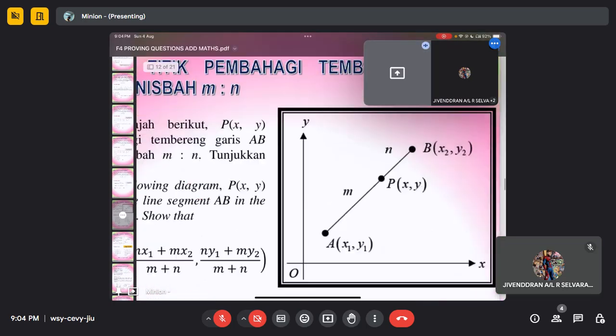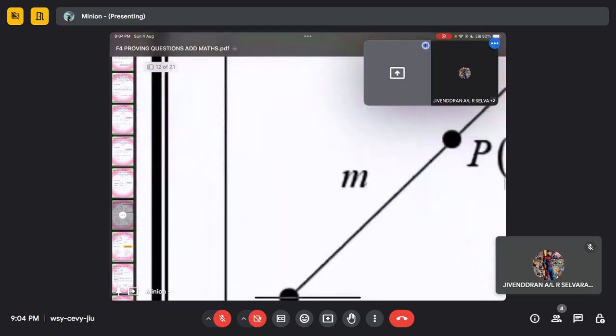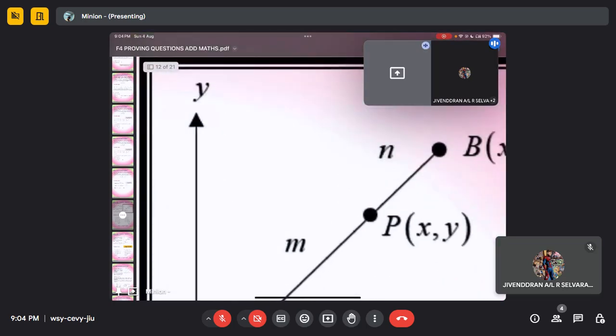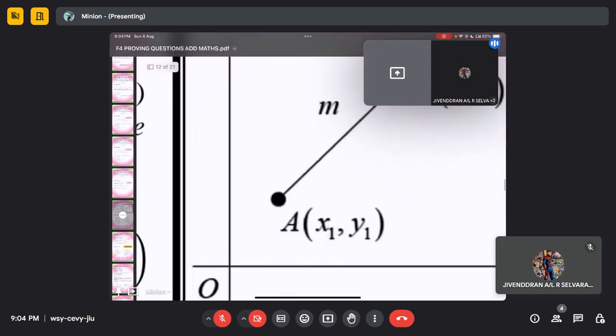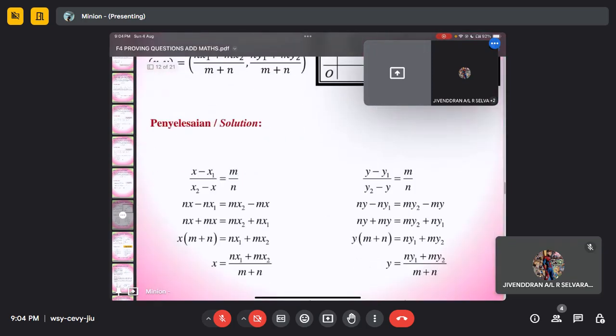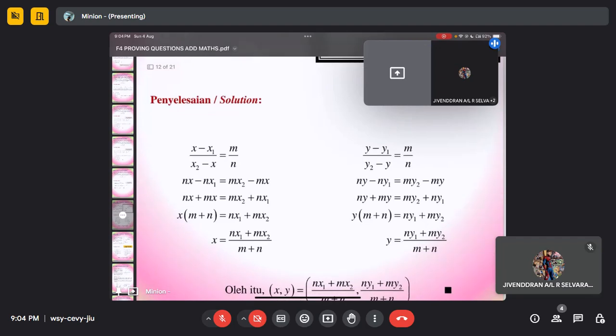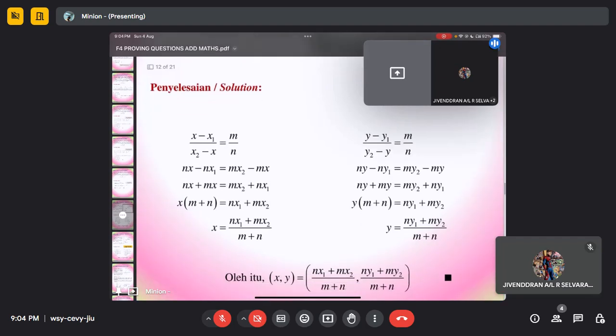Always m over n. They give you an example here, 3, 2. 3 means m, 2 means n. So you have to put 3 divided by 2. Put opposite: ny minus ny1 equivalent to my2 minus my.